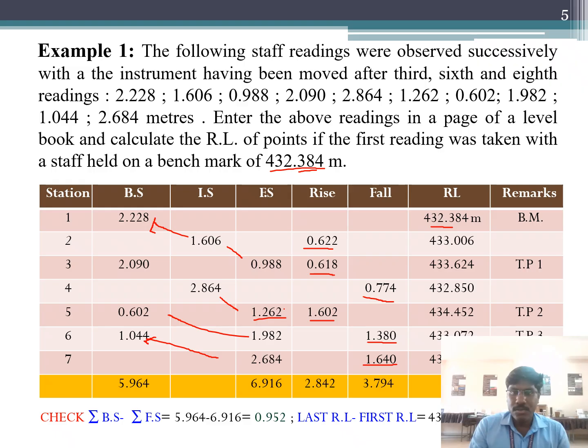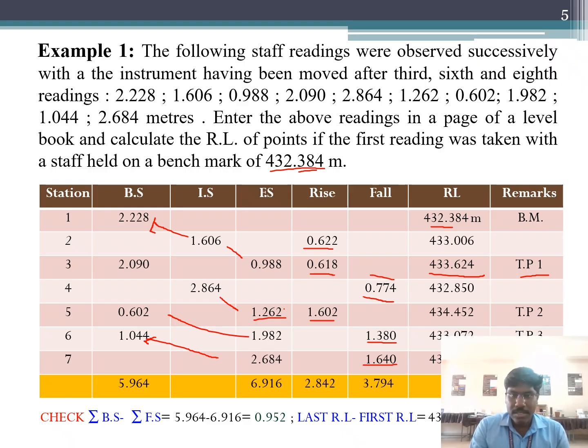Next, again rise, so again we add this value to this one. 433.006 plus 0.618, the value coming is 433.624. So in remarks you can write turning point or change point as 1.